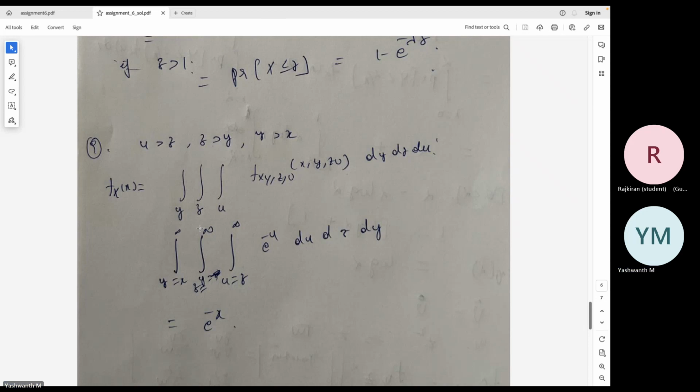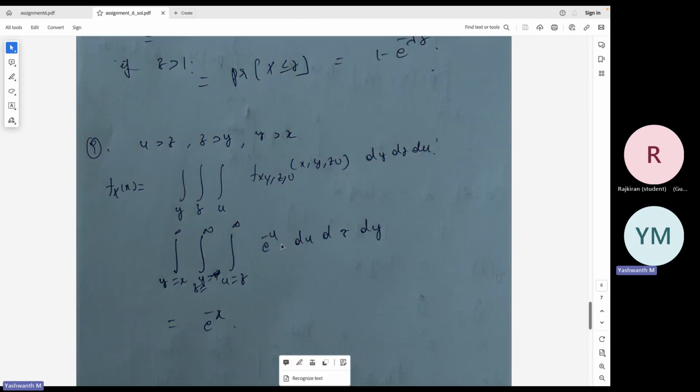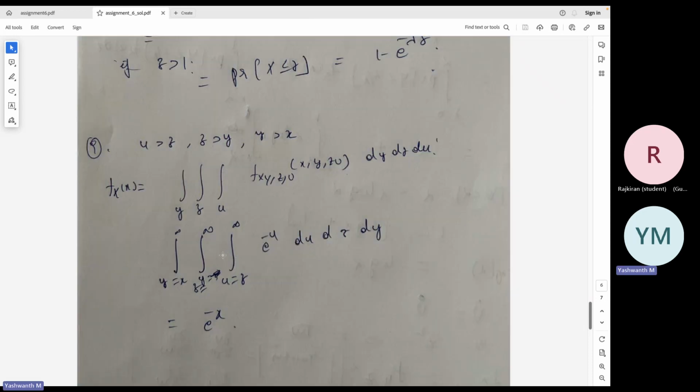That's it. The first time when you integrate with respect to u, you get e power minus z, and the second time when you integrate with respect to z, you get e power minus y, and the third time when you integrate with respect to y, you get e power minus x. So that's why the answer is e power minus x.